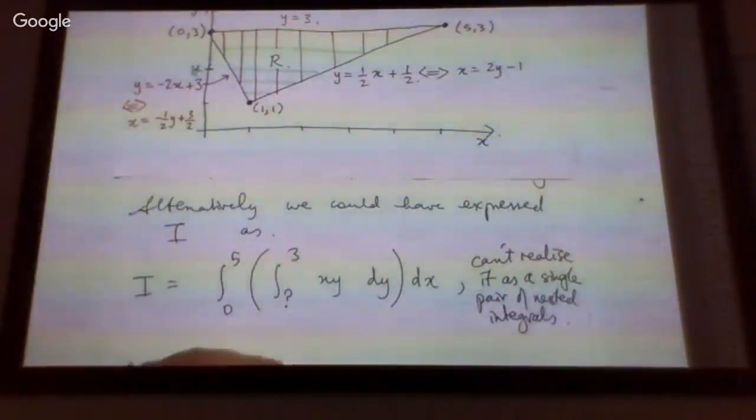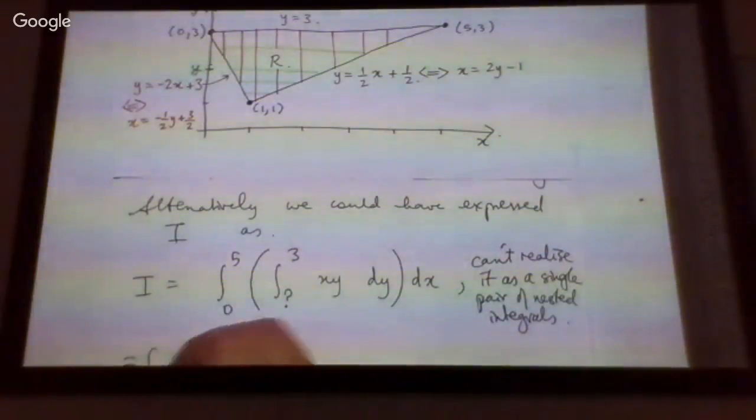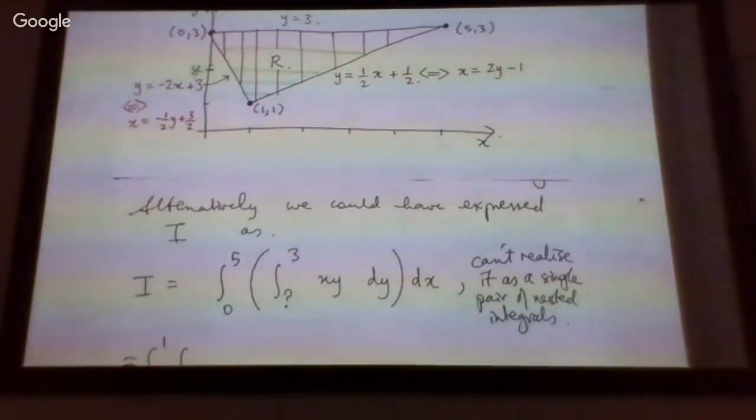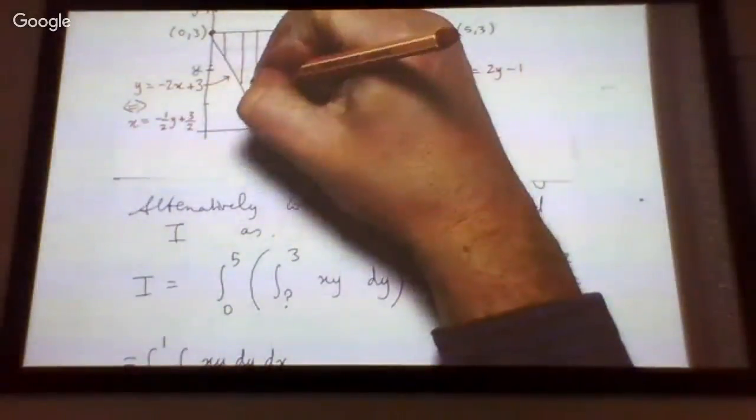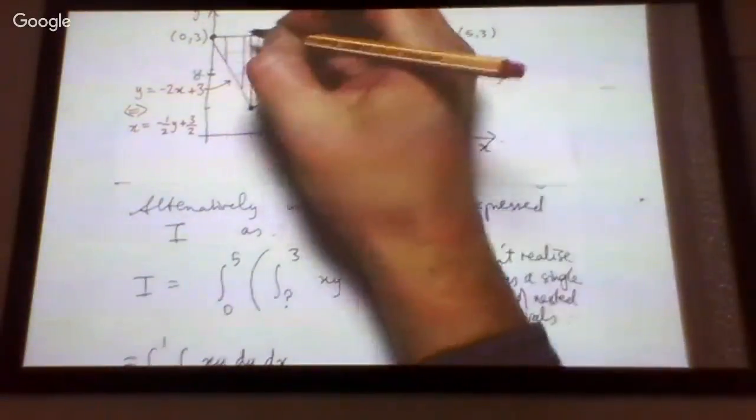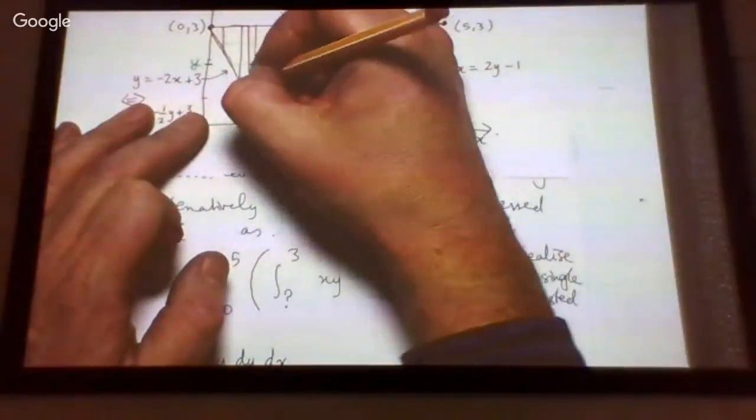You've got to separately think about the x variable between 0 and 1, in other words, integrating it over this left-hand smaller triangle.